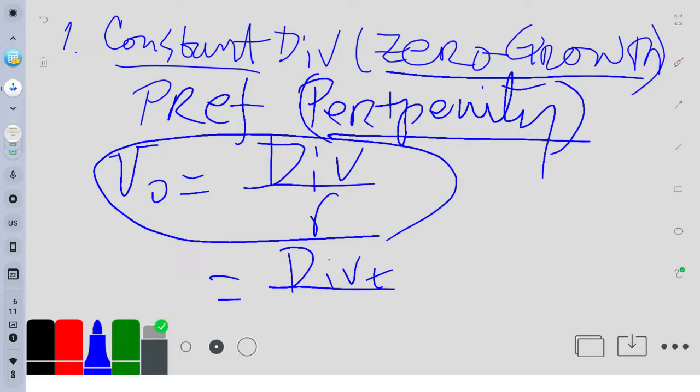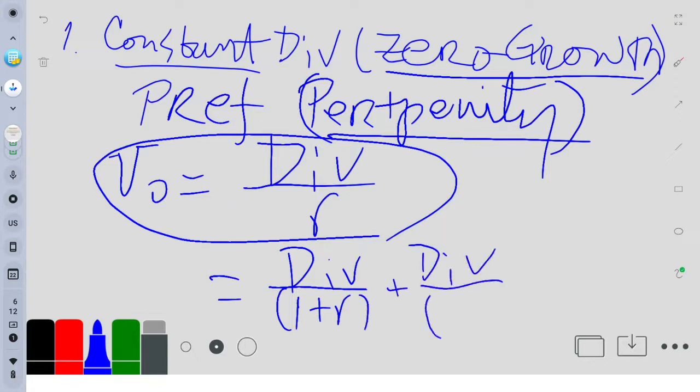So the same dividend, and then it must be discounted once. The second dividend will have to be discounted twice, and so on. And because a stock is a perpetuity, this will go on forever, right?